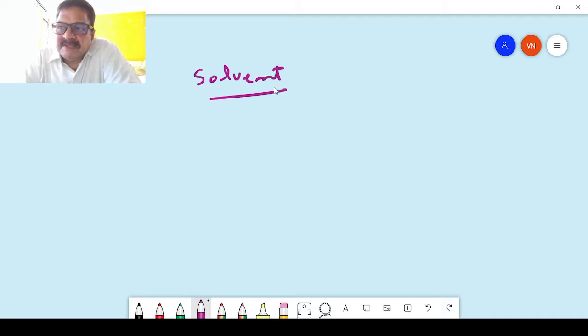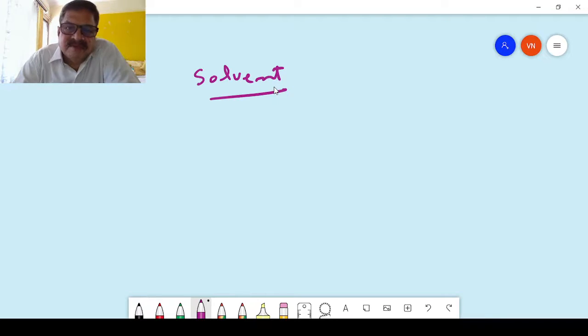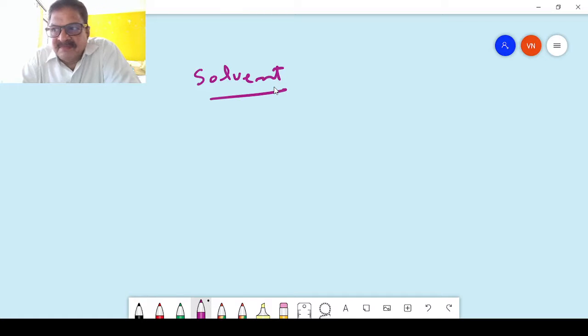The solvent plays a very important role in nucleophilic substitution reactions, and not only substitution reactions, even in the elimination reactions, which we will be discussing later, the solvents play a very important role. Solvents act as a medium of reaction, and they stabilize the transition states and intermediates.